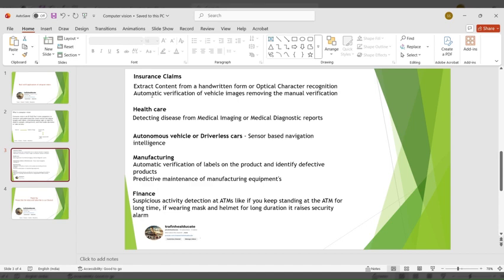They already have a huge amount of data with them. Using that, they trained the machine learning models, and the model was now powerful enough to take a decision on the image that you are uploading, right? So in the insurance industry, you will mostly see optical character recognition, the content extraction from handwritten or scanned forms, which is a very good use case.